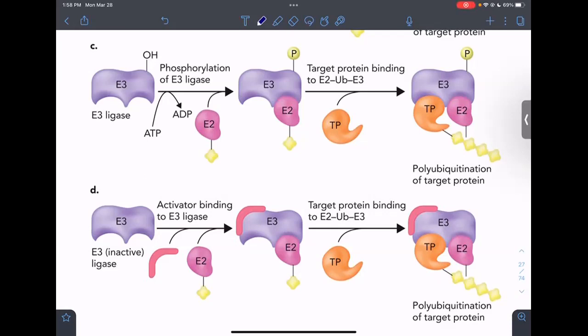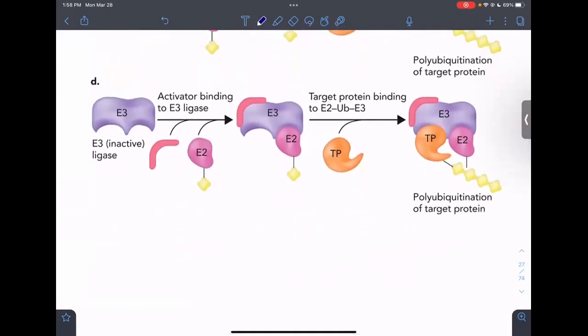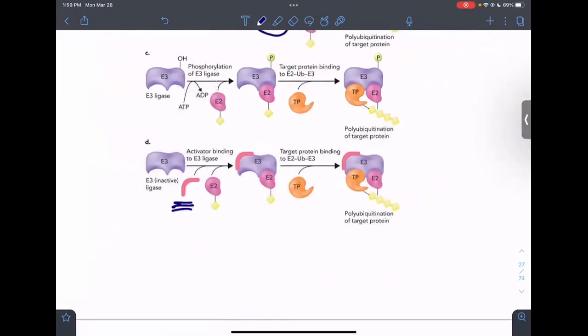So induce a conformational change where this target protein will fit better in the enzymatic pocket and therefore get ubiquitinated and degraded. The last way that you can alter the E3 complex is that you can actually have an activator, an additional protein that will bind to E3, again, induce conformational changes, changes the affinity of E3 for the target protein, or E2 really, to facilitate ubiquitination and degradation.